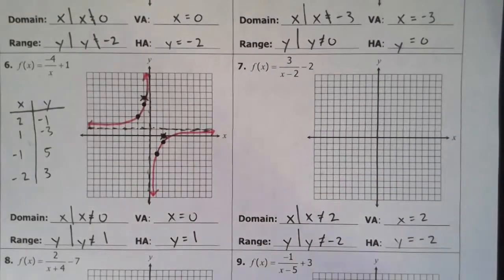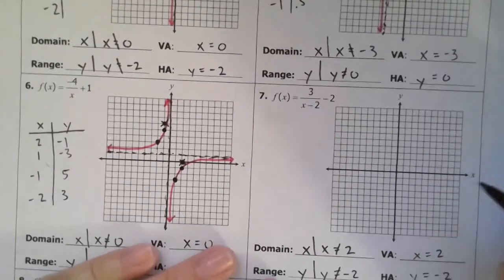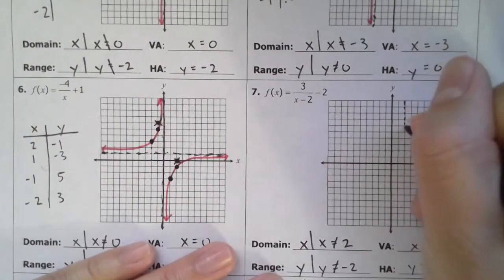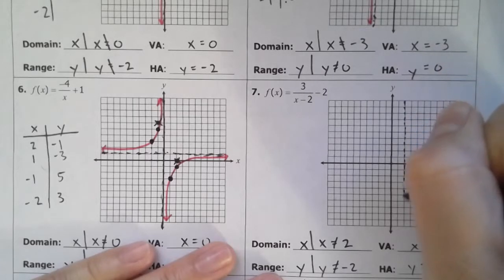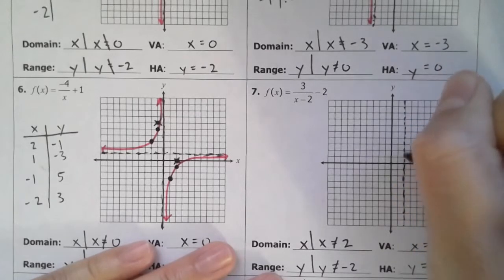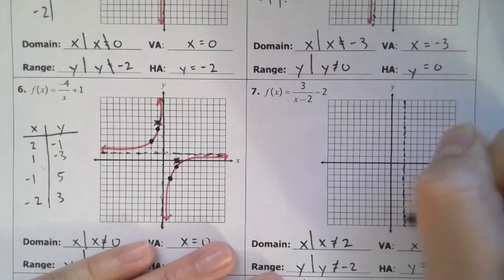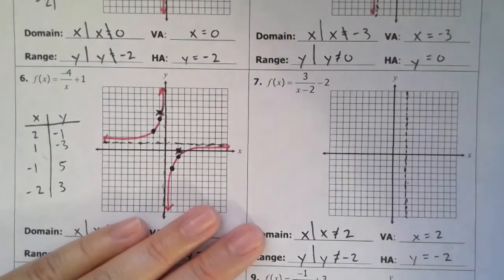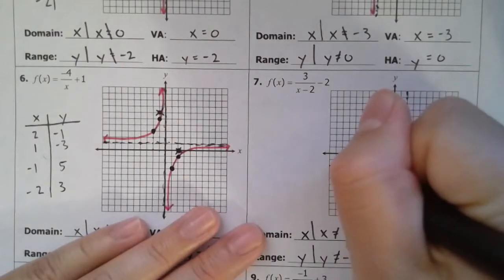So then let's graph my asymptotes here at +2, so I have one here. Apologies if you guys can hear my sister. Okay, so I have 2, and then my horizontal asymptote is at -2.